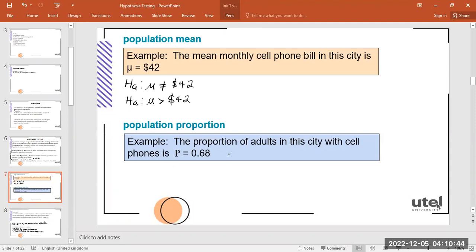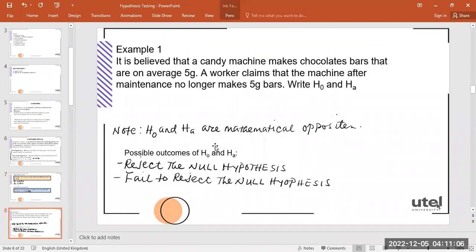An example is the proportion of adults in this city with a cell phone, P, is equal to 0.68 expressed as a decimal, and in terms of percentage, this will imply 68%. So there are times that some of these could be stated in terms of numbers or in terms of proportions.